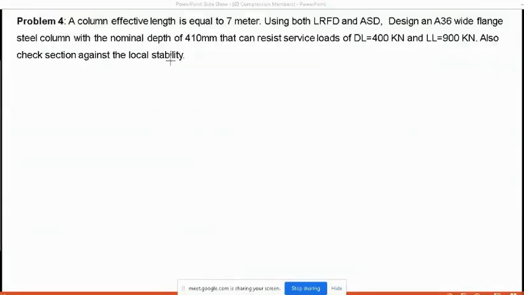Is 7 meter. So using both yung LRFD and ASD natin, we need to design an A36 wide flange steel column. So pag sinabi nating A36, yung FY and FU natin is 248 and 400 megapascal.